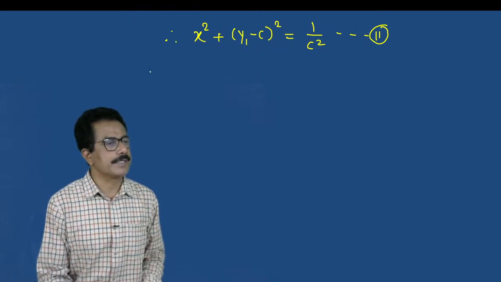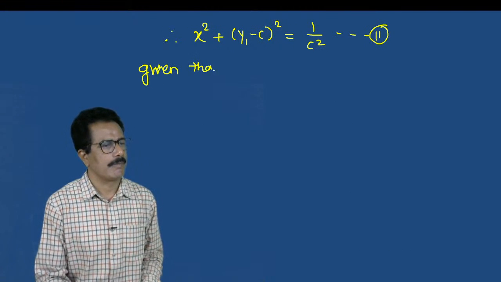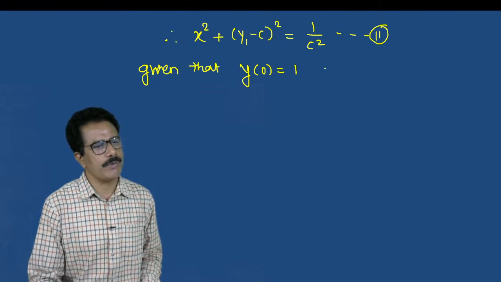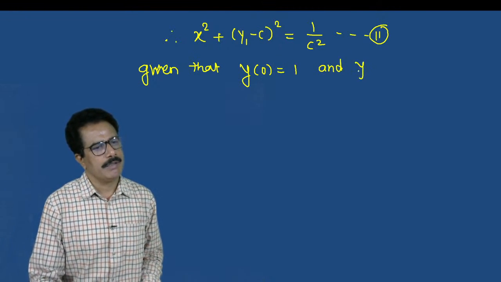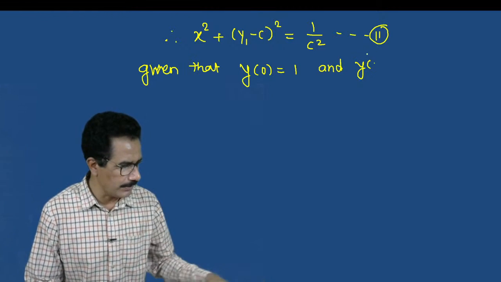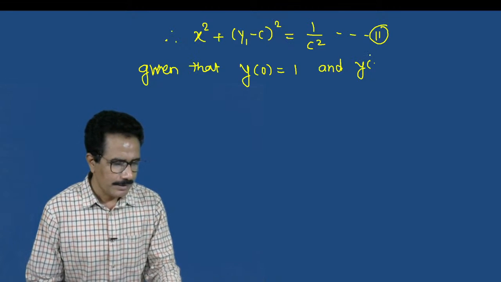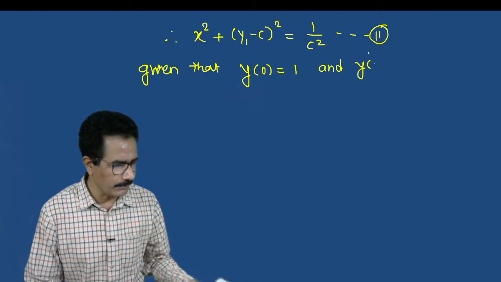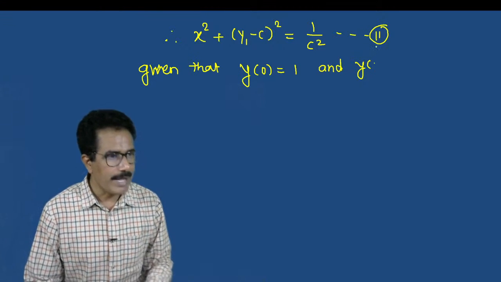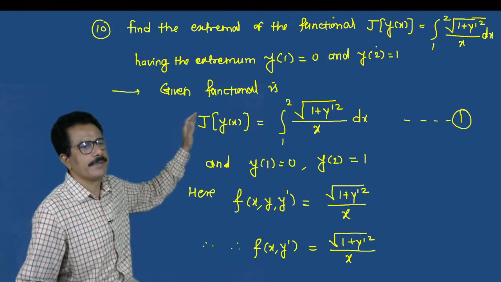Now here, given that y of 0 is equals to 1, and y of, see what is given. Is y of 0 equals 0 given, or 1 given? Actually, we have to check what we have been given.